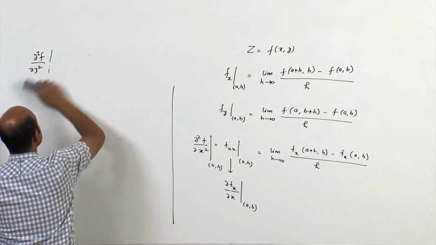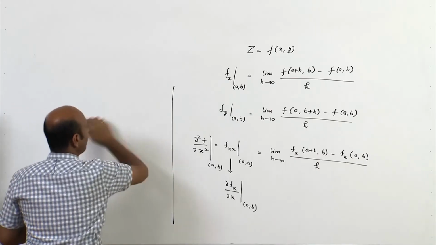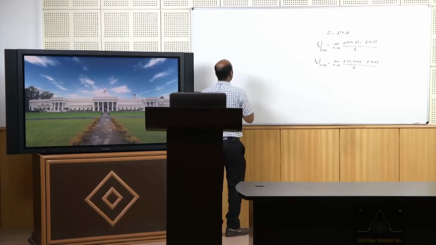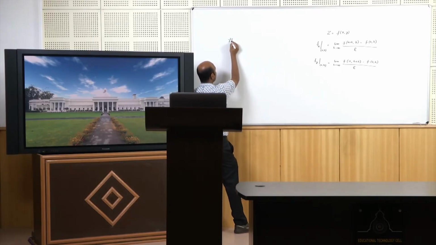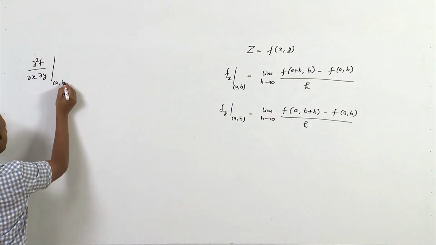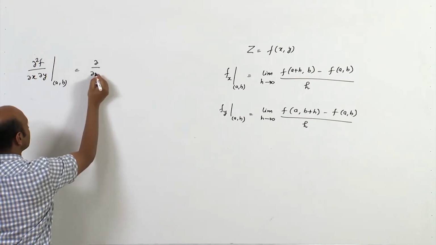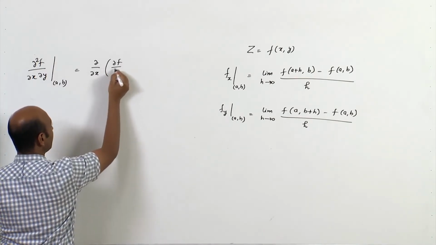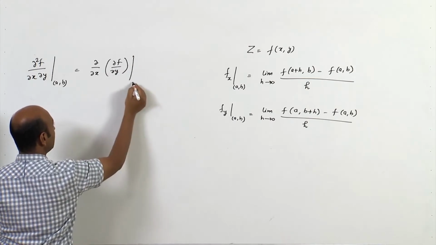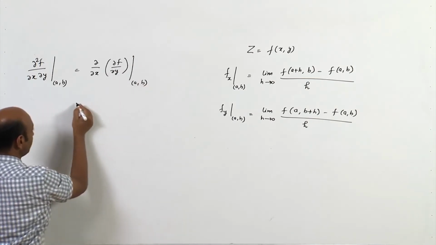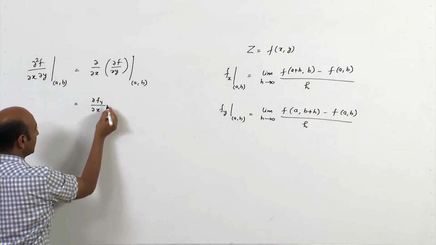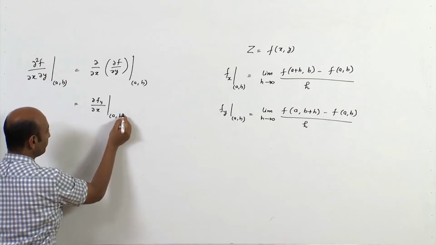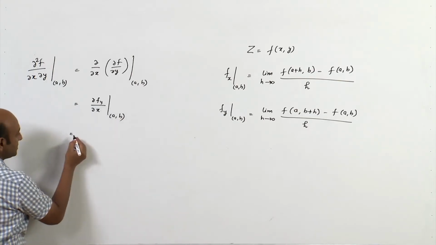Now come to mixed order partial derivatives. Mixed second order partial derivative of f with respect to x and y. Suppose we want to define ∂²f/∂x∂y at (a, b). It is ∂/∂x of ∂f/∂y at (a, b).